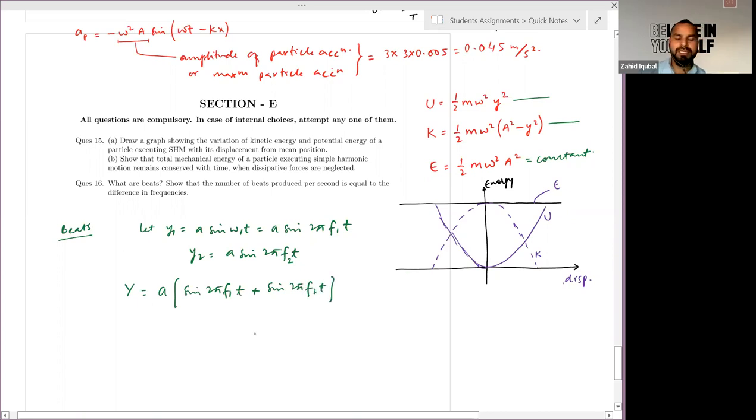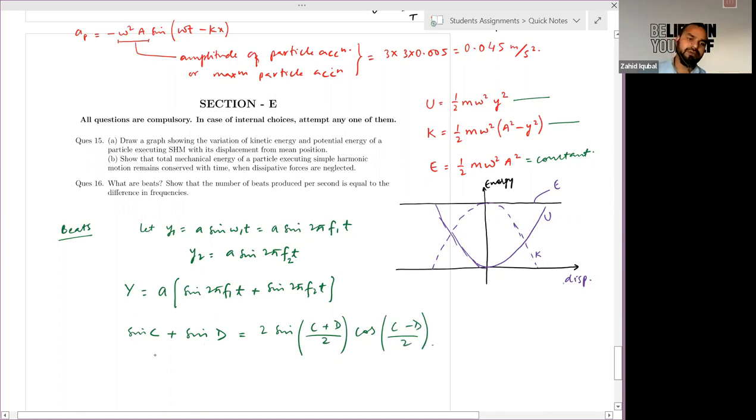If you add these two parts, as sine c plus sine d is equal to 2 times sine of (c plus d) by 2 times cos of (c minus d) by 2.